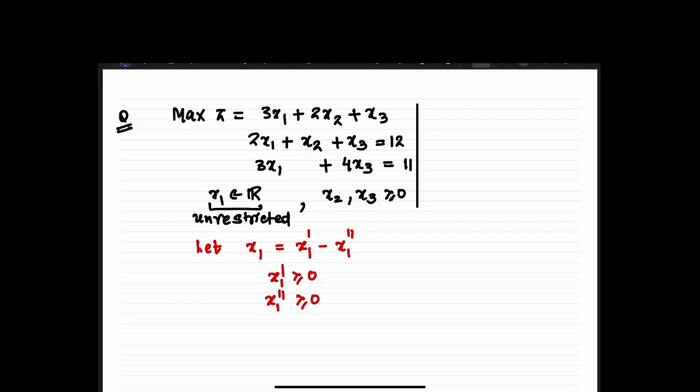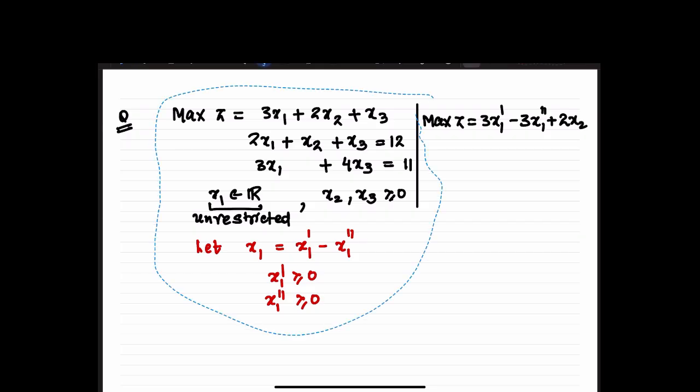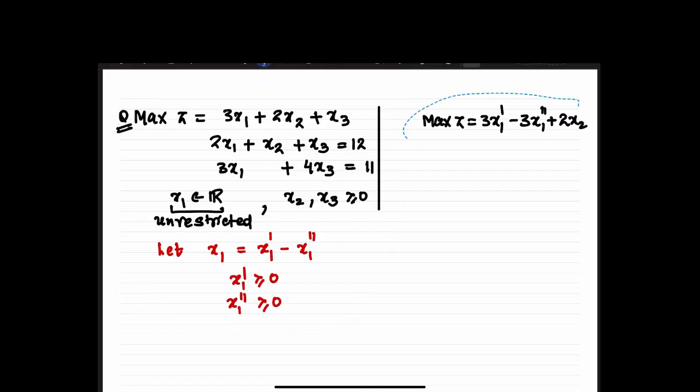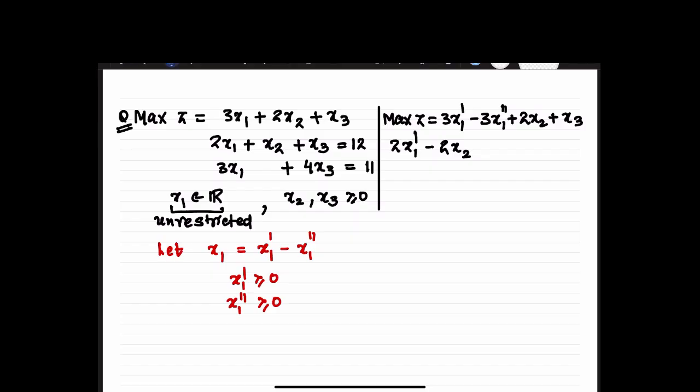So if we do this replacement, we get maximize z equals 3 into x1 dash minus x1 double dash plus 2x2 plus x3. The constraint becomes 2x1 dash minus 2x1 double dash plus x2 plus x3 is equal to 12.